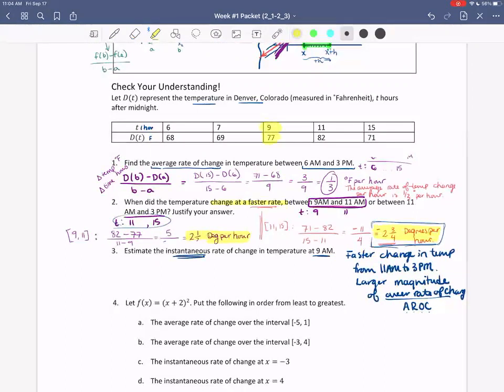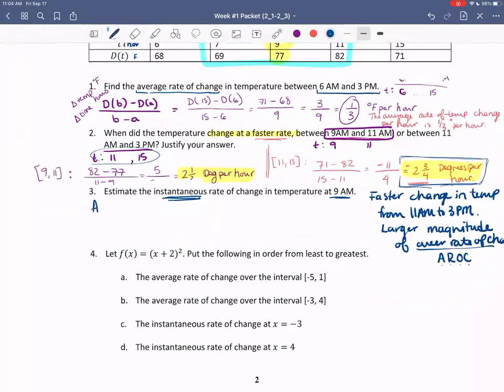So we want to know that average rate of change at 9. So to do that, what we can do is to find the average rate of change on the interval that we're given containing 9. So for us, we want to find the AROC on the interval from 7 to 11, because that's an interval of time containing 9 a.m.